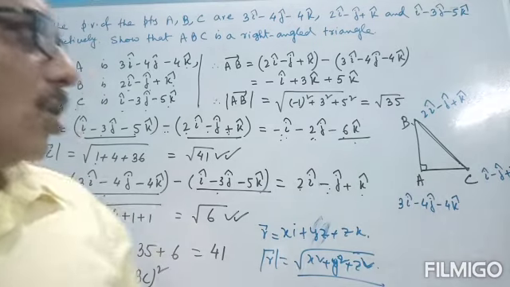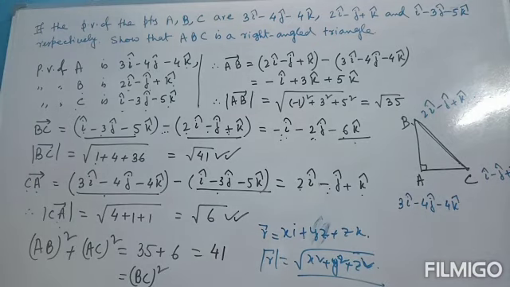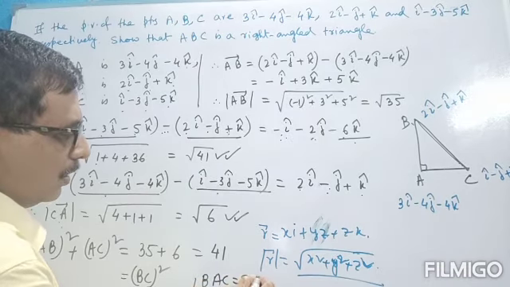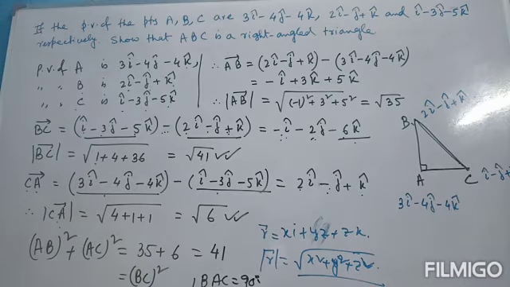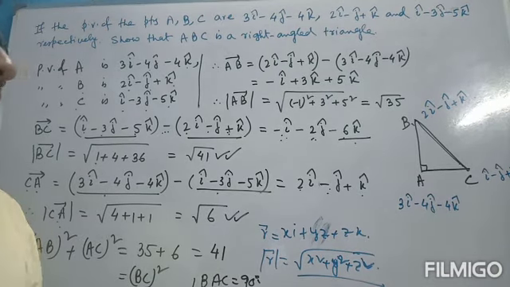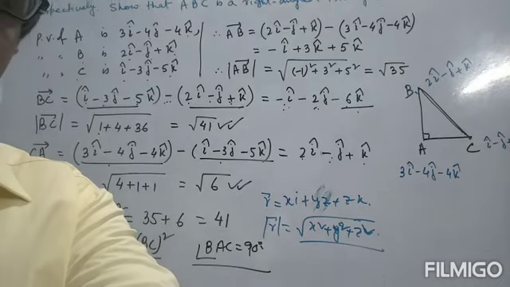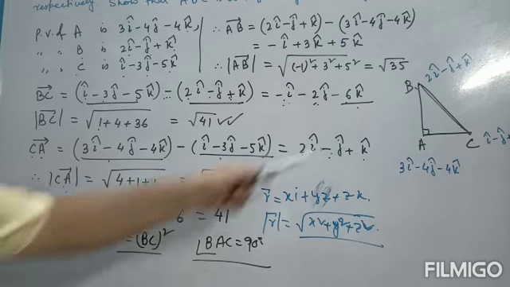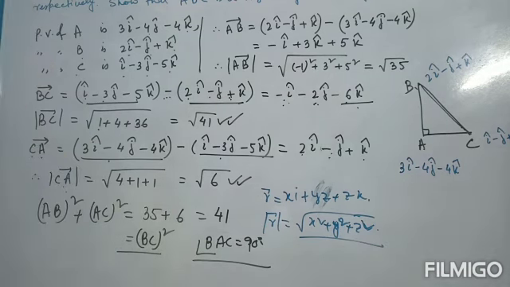So angle BAC is 90 degrees. Therefore, if three position vectors of points A, B and C are given, they form a right angle triangle, since AB square plus AC square is equal to BC square. So we prove this is a right angle triangle.